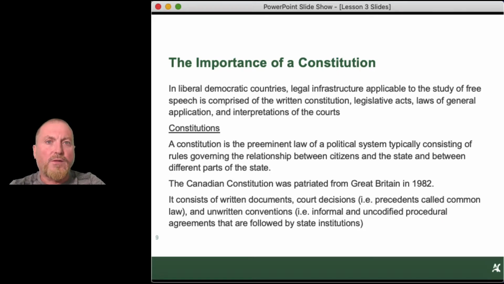But another element of the Constitution in Canada, because we live in a federal state, where we have the federal government and the provincial governments, and each of them has their own constitutional powers, is to define the relationship between these levels of government and their respective constitutional powers, okay? In other words, in a country like Canada, the provinces are not the children of the federal government, okay?